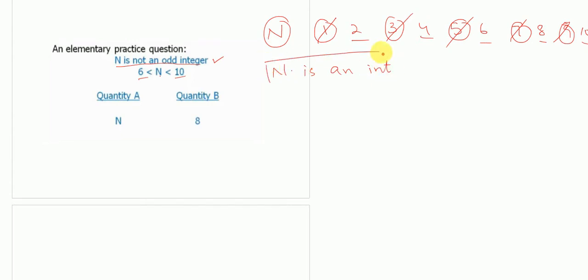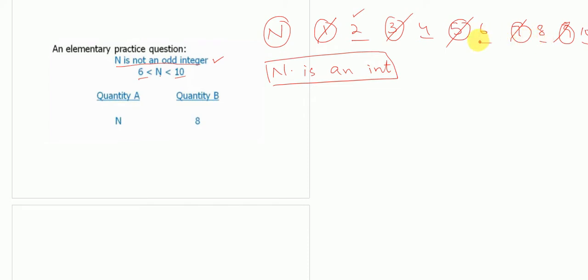The question does not explicitly state that n is an integer. If it had stated that n is an integer or a positive integer, then you could have said that if it's not an odd integer, then it must be an even integer. But the question has just stated that n is not an odd integer. So it can't be 1, 3, 5, 7, 9, 11 and so on.